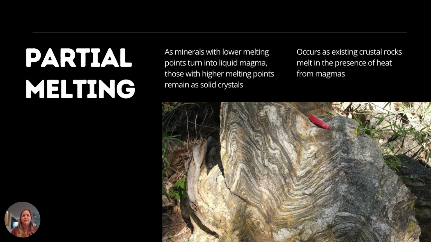It's kind of like molding a Laffy Taffy, and part of the Laffy Taffy is starting to melt, and then you re-solidify it and it comes to the surface, right? That's what we're seeing here with partial melting. And this will come in conjunction with burial, so the rocks are getting deeper and deeper in the crust by tectonics, or it can come from the presence of some sort of heat source, like other magma coming up and melting existing rock that's there.